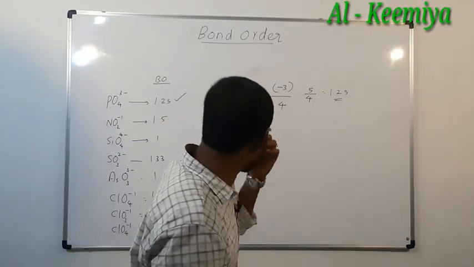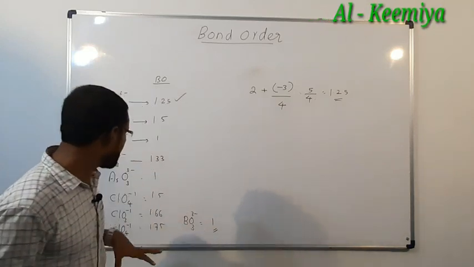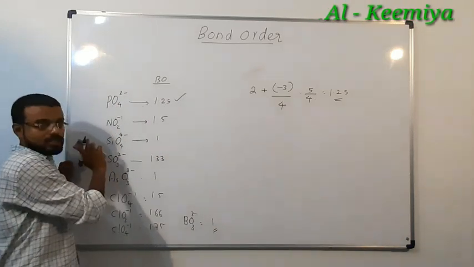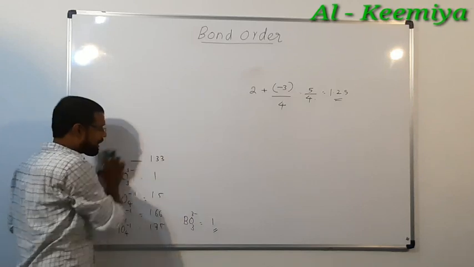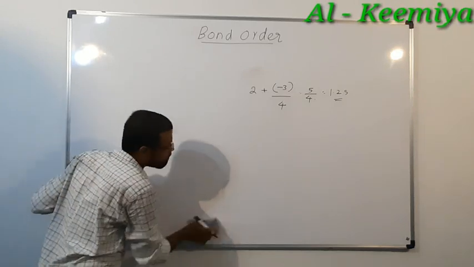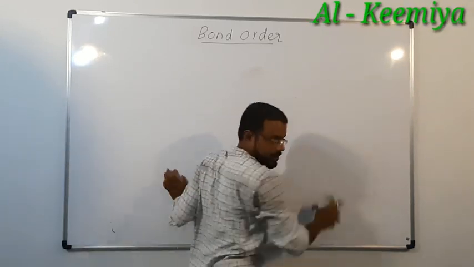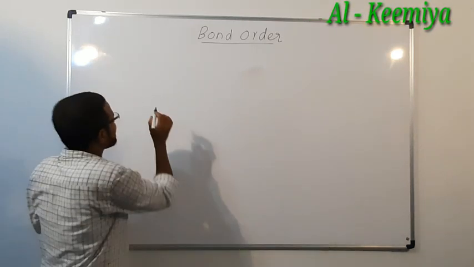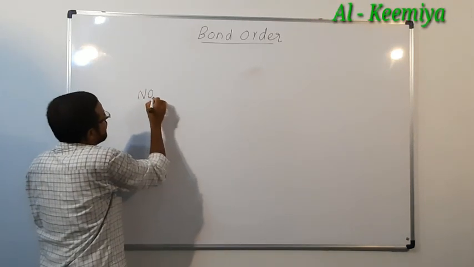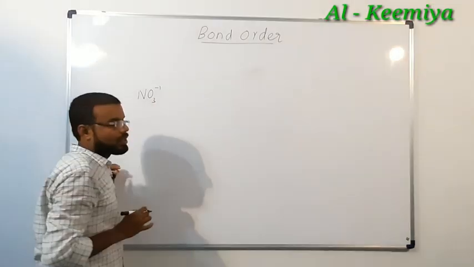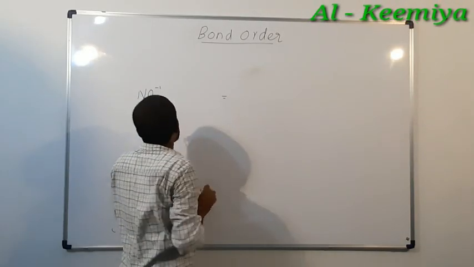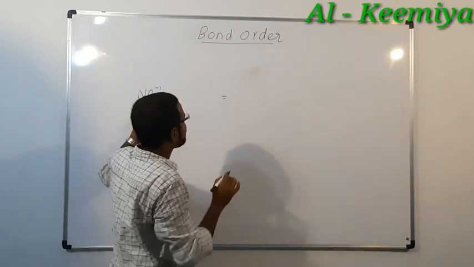Now there are some examples. See, for example, the nitrate ion. Can we find out the bond order of the nitrate ion by using this method? Nitrate, NO3 minus. If we use this equation, what will we get?